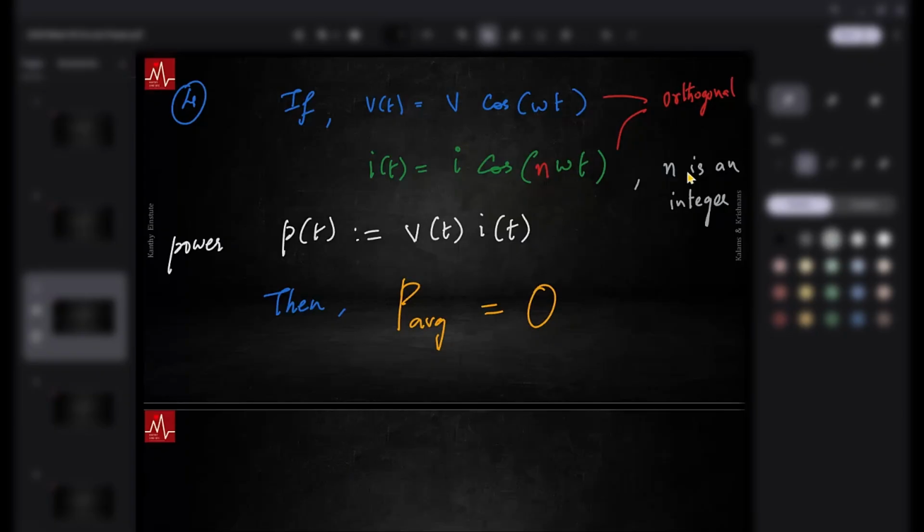In mathematical English, omega is the fundamental, n omega is like harmonics, the higher notes. So the fundamental and harmonics are all orthogonal.